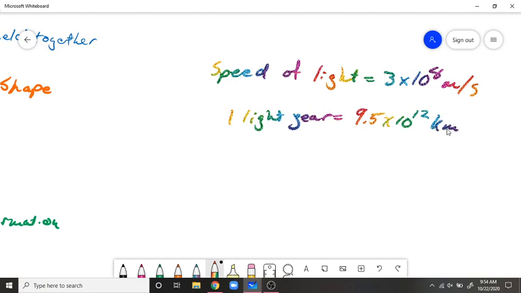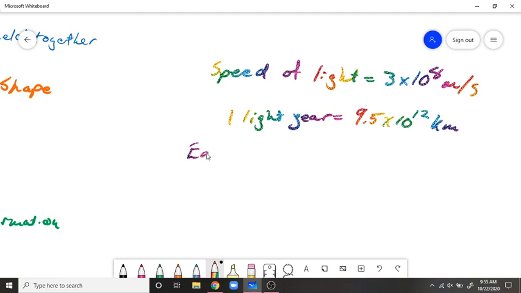That's a pretty big distance. If it was traveling 100,000 light years, now we are talking about 9.5 times 10 to the 12th times 100,000, and that gives you an idea of how big the Milky Way galaxy is.